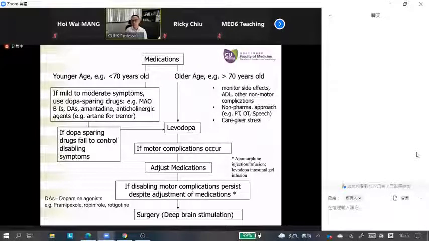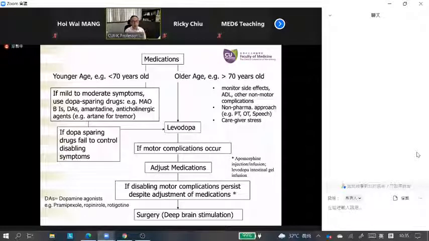And so overall, in clinic, I will monitor side effects. I will ask about how it affects the ADL. I will ask about other non-motor complications, which I will talk about. And if needed, I will refer to physio if the patient has a risk of fall affecting ADL. I refer to OT, occupational therapist, and for swallowing, dysphagia, aspiration risk, I will refer to speech therapy, and also for sometimes very soft voice.